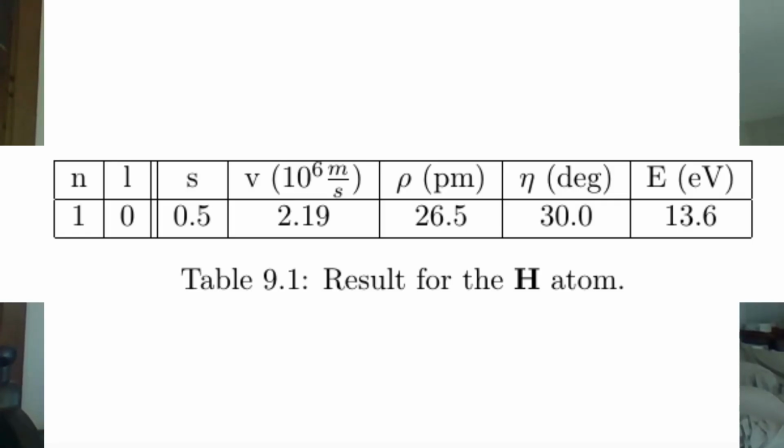You can obtain the other speed, angle, and radius from this table here. The n is the principal level number, and then you have sublevels, the number of turns within the sublevel, the speed, and eta is the angle, as I told you before, and E is the total energy of the atom.